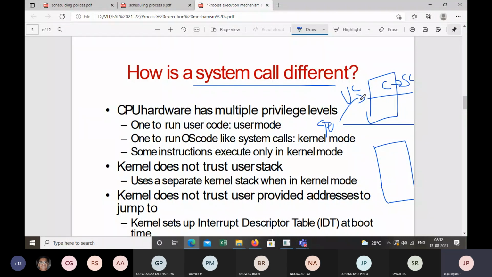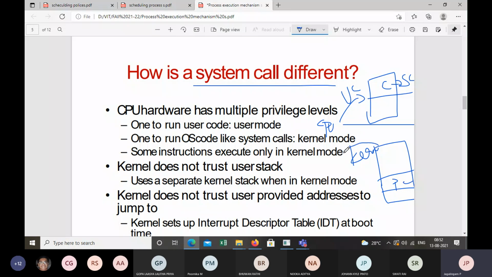When the CPU executes this system call instruction, then the CPU changes the mode from user to kernel mode. When the CPU changes the mode from user to kernel, in the kernel stack the operating system stores the last PC value in the user code.